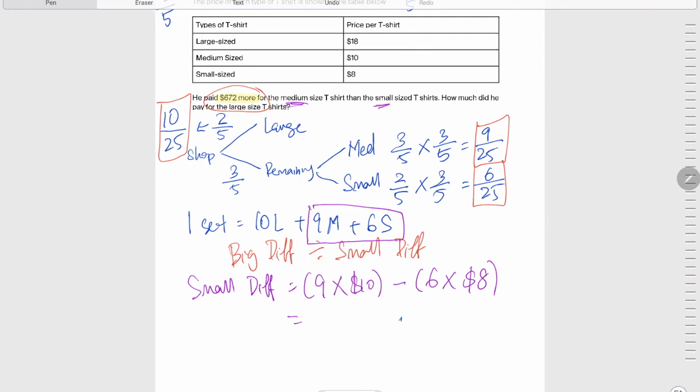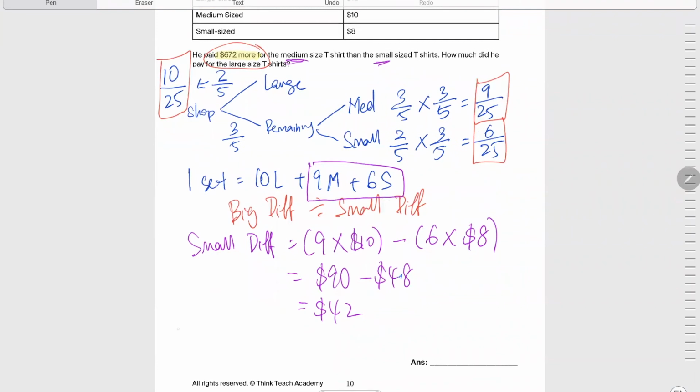I focus on the small difference, which is medium and small. In this case, the small difference would be 90 minus 48 equals 42. The next thing here is the number of sets. Big difference divided by small difference, 672 divided by 42, gives you 16 sets.